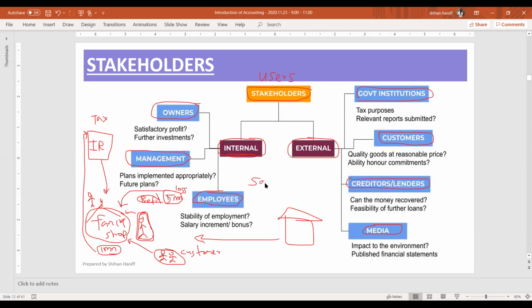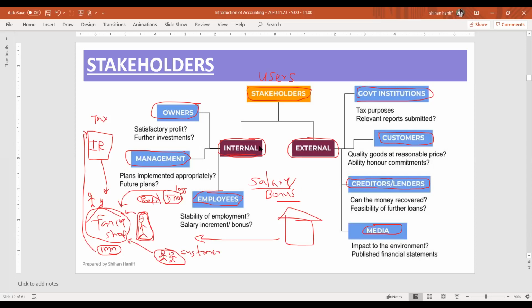His financial benefits are the salary and the bonus. So he will check all these things. These are financial information. Then he will make his economic decision whether to stay in this business or to leave the business.